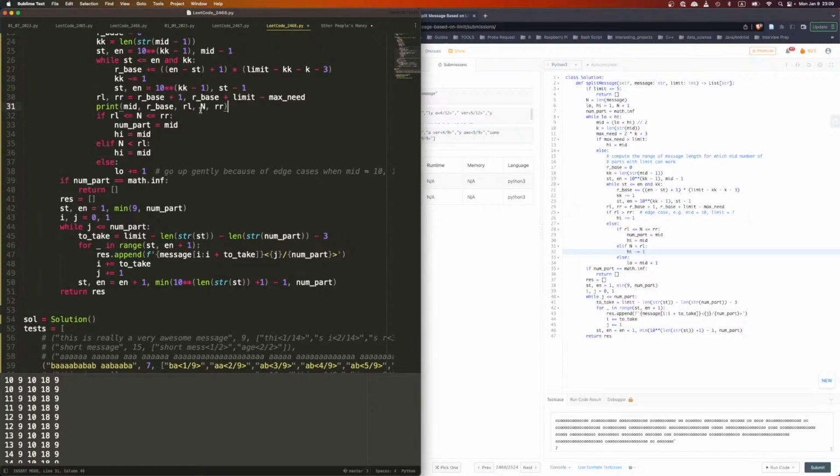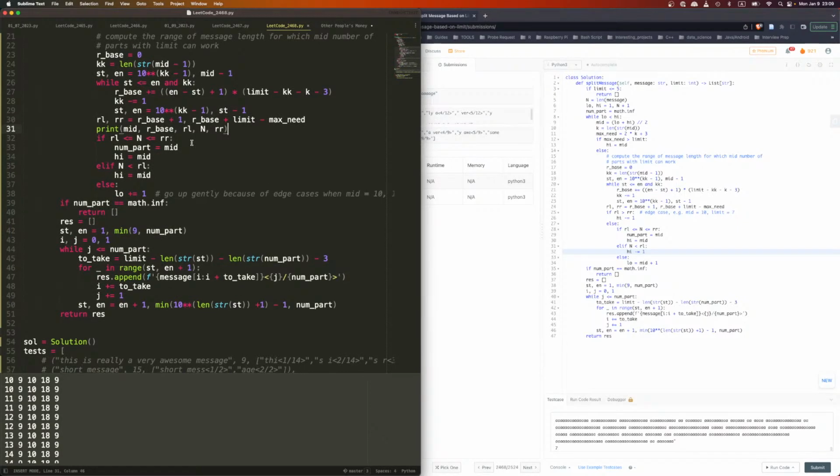Oh, n is smaller than. N is larger than this. And n is larger than RR, yeah? The hell?